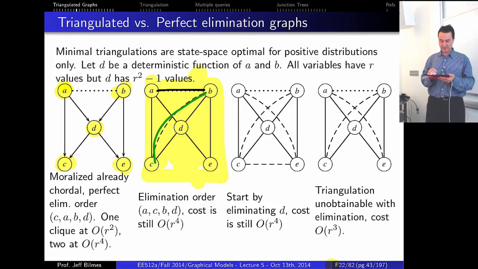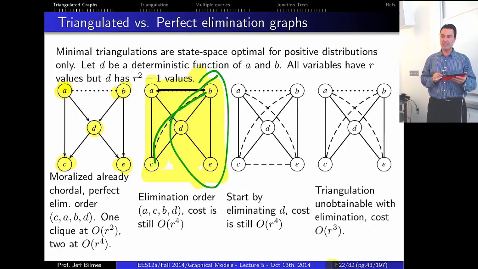Because once we've eliminated A, so we've created this edge over here, and then next we eliminate C, then we're going to get a clique which consists of B, D, and E. B and E both have R possible values, and D has R squared values, and so that means that you have a clique essentially of cost R to the 4th.